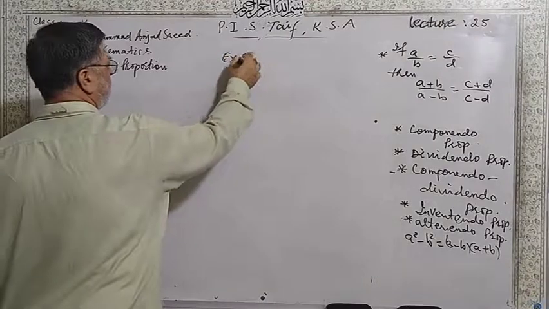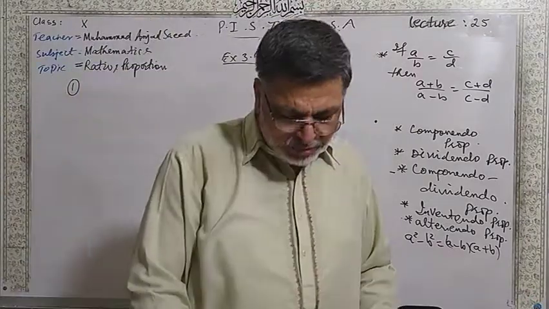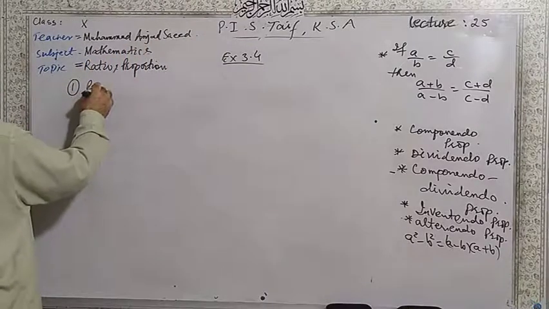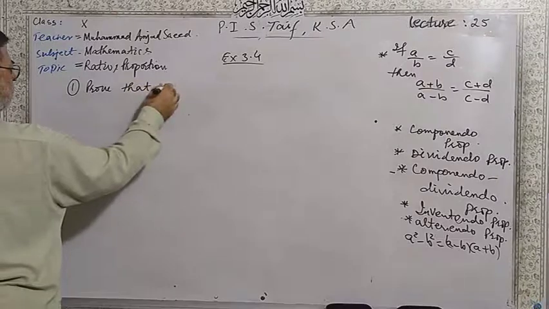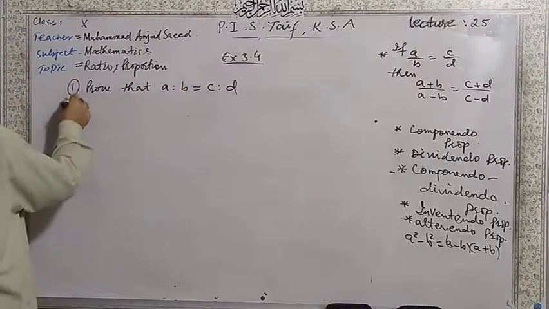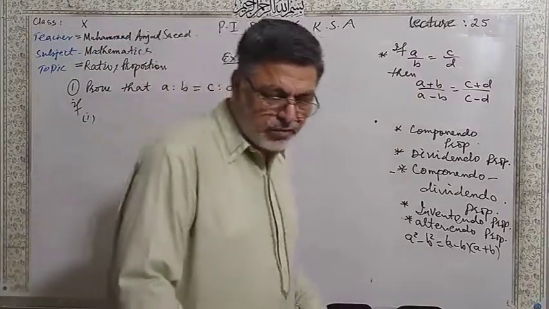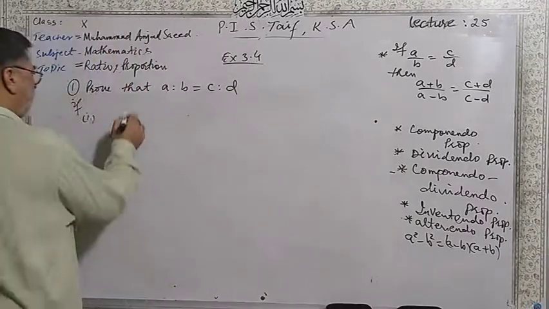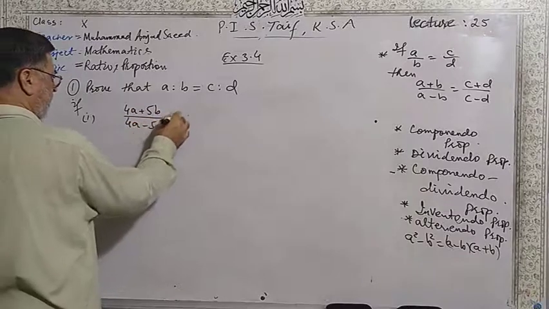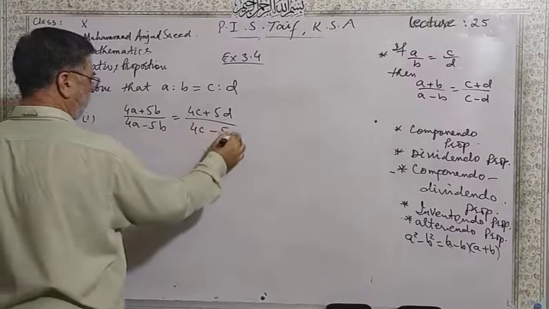Exercise 3.4, question number 1. Prove that A ratio B is equal to C ratio D, if 4A plus 5B over 4A minus 5B equals 4C plus 5D over 4C minus 5D.